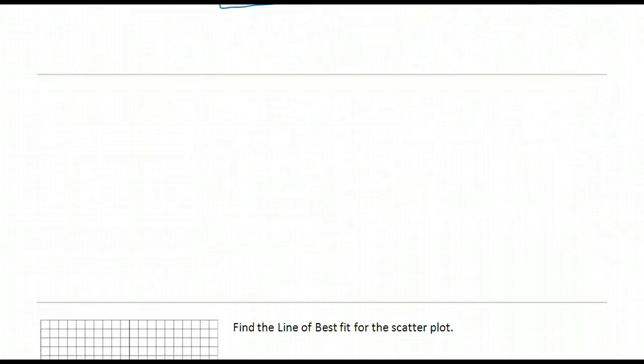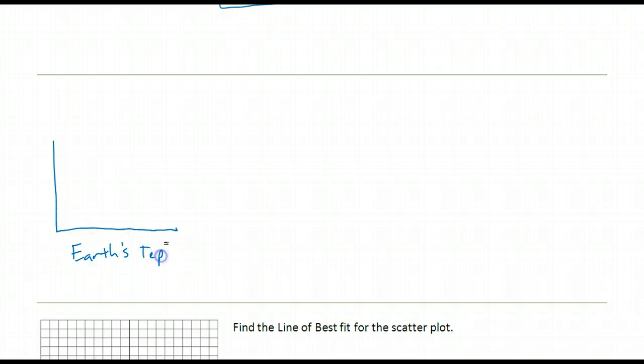If we made a scatter plot that looked at the Earth's temperature over time versus the number of pirates in the world over time, well, as the Earth's temperature has gone up, the number of pirates in the world has gone down.